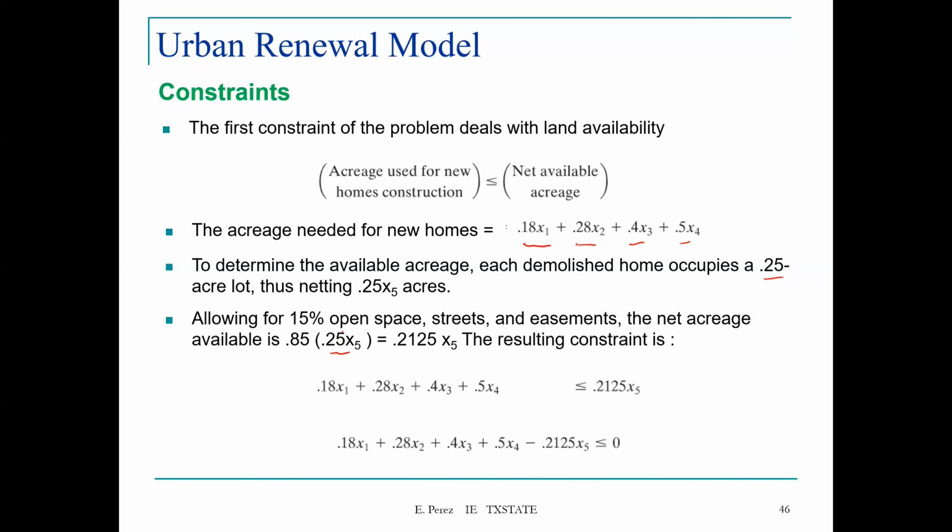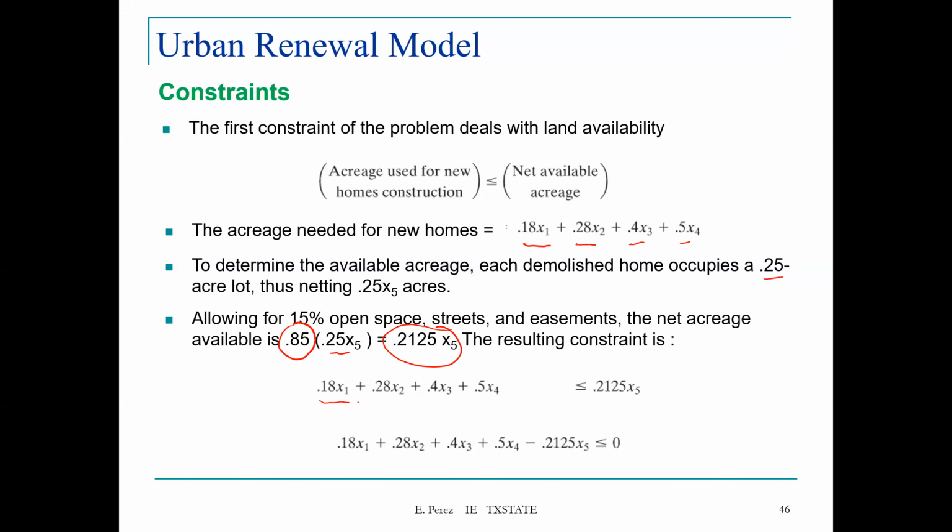So we have to multiply that amount by 0.85. So that multiplication gives us this much. So instead of 0.25 acreage available per unit, we're going to have 0.2125, because 15% of that is going to open spaces and utilities.